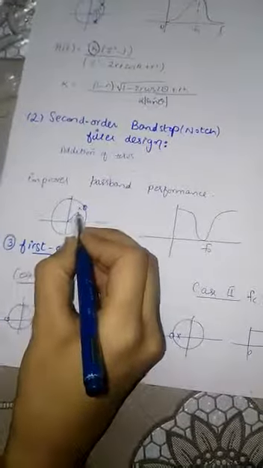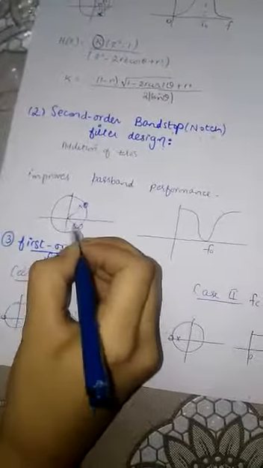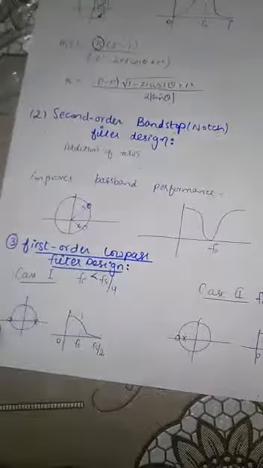The second filter we will design in pole zero placement is the second order band stop notch filter design. It is very similar to the previous one, but there is an addition of zeros at the same angles. For example, you can see that we have zeros and poles at the same angles, and the effect of the poles can be cancelled by the zeros.